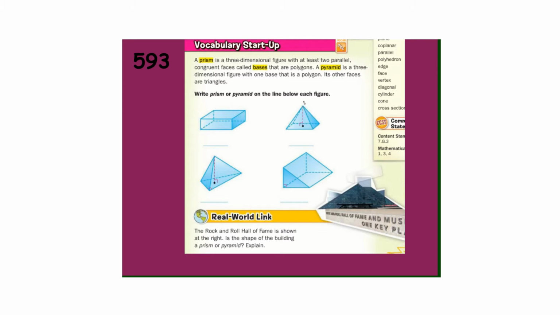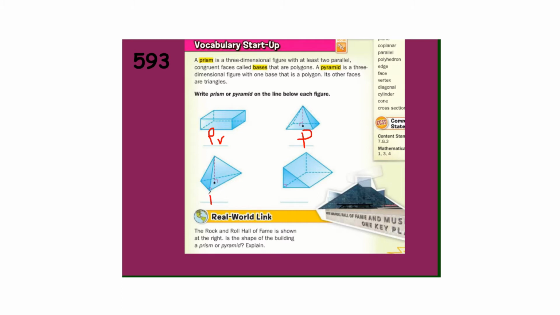Okay, so write prism or pyramid on each of the lines below. Go ahead and do that. Pause if you need to. Okay, the first one, this one is a prism. Here we have a pyramid.